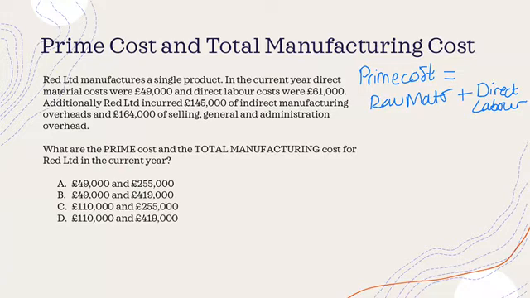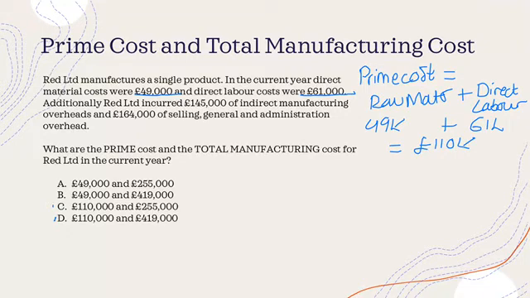Raw materials in this case is £49,000 and direct labour costs would be £61,000. So this leaves us with options C and D, as our total prime cost is equal to £110,000.